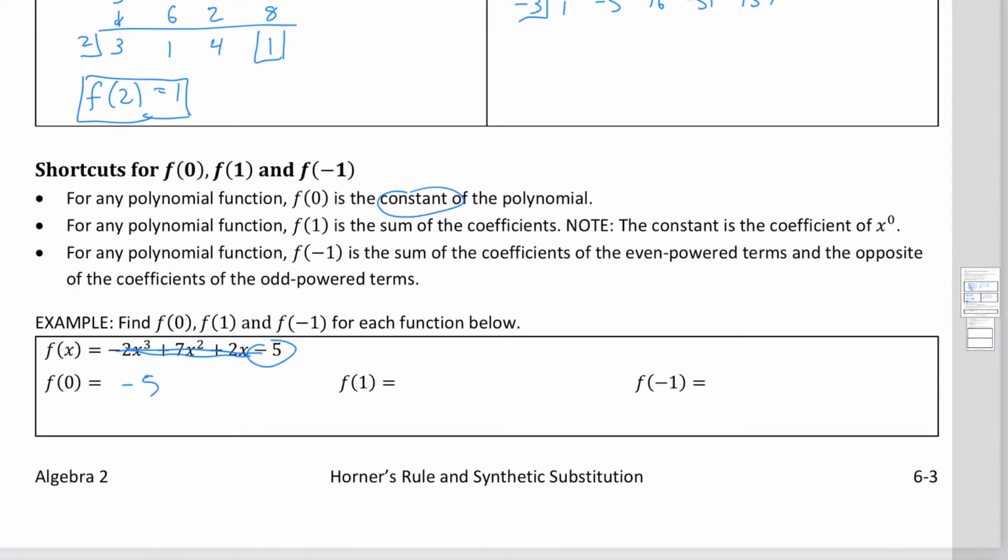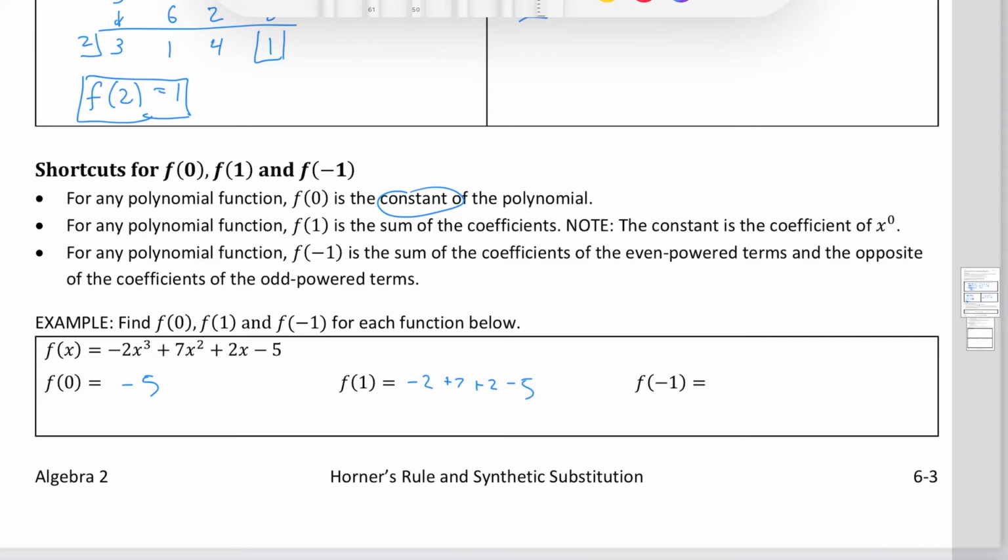Now f of 1 is a similar trick, but you have to know something about multiplying with 1. Multiplying with 1 never changes values. All powers of 1 are 1. So f of 1 is when I simply take the coefficient pattern, negative 2, 7, 2, and negative 5.